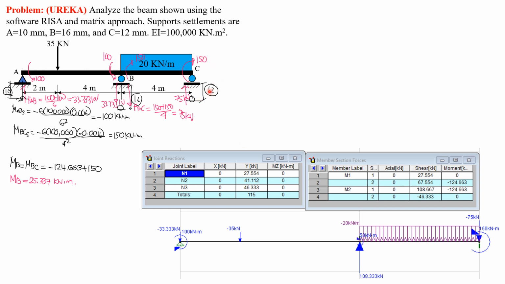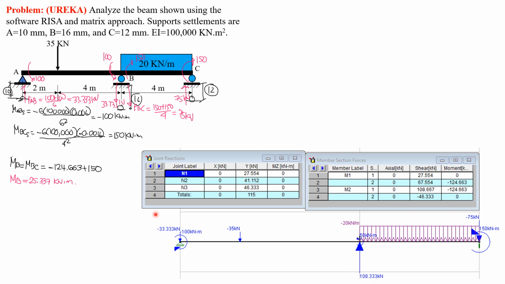Then at C, this fixed end moment is 150 clockwise, so the nodal load at C would be 150 counterclockwise, and that's positive 150 kilonewton meter. Then at B, the fixed end force 33.333 plus 75 is 108.333 kilonewtons downward. So the nodal load would be opposite to that, upward, as shown. So we have 108.333 kilonewtons upward.